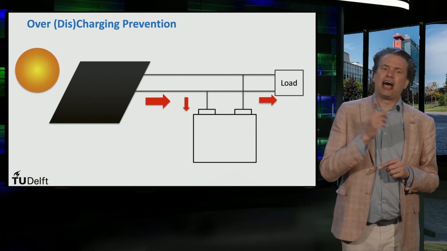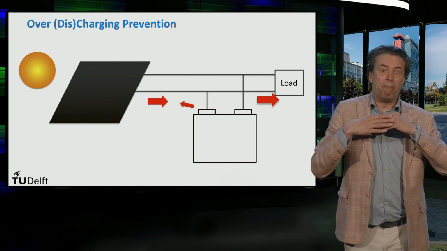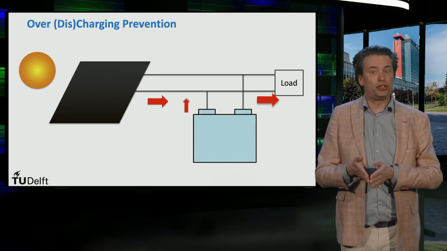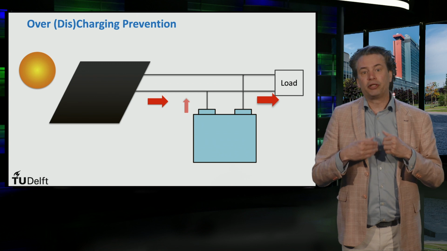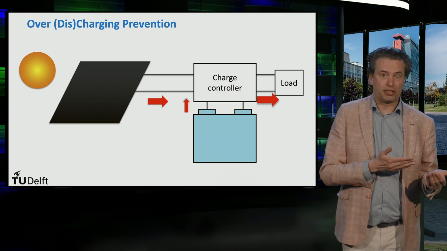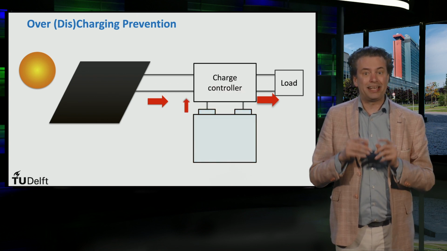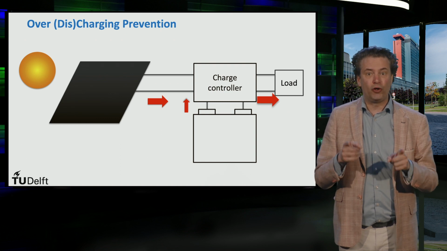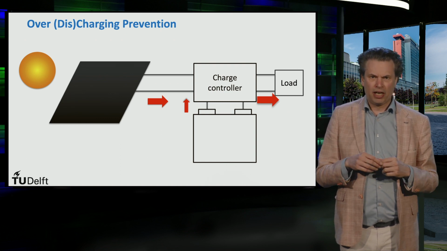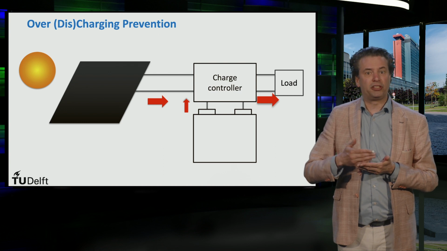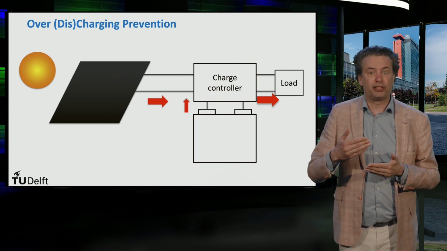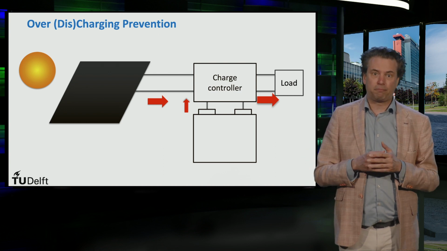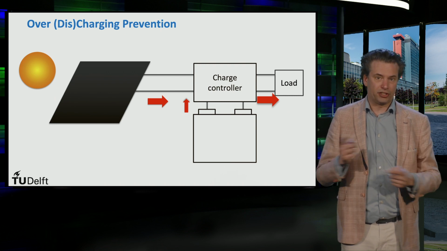Similarly, on the other side of the PV system, when the battery is supplying energy to the load during a period of low sun intensity, there will be a possibility that the battery might be fully discharged. Discharging the battery beyond a specific lower limit, or over discharging the battery, also has a detrimental effect on the cycle lifetime.